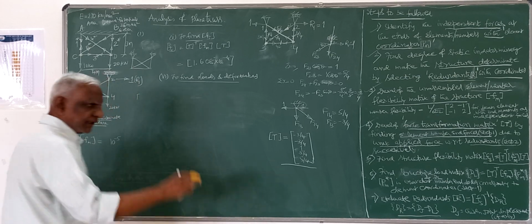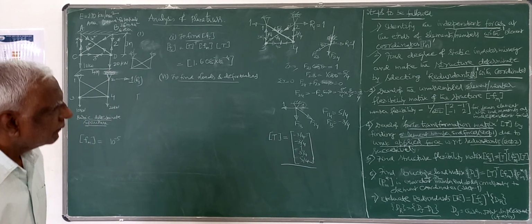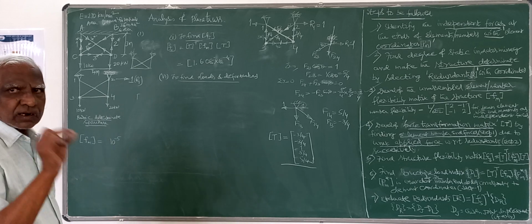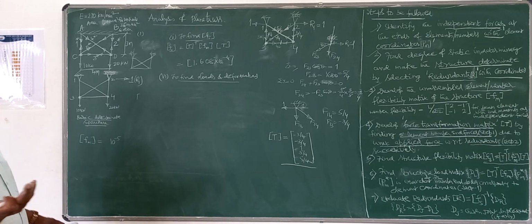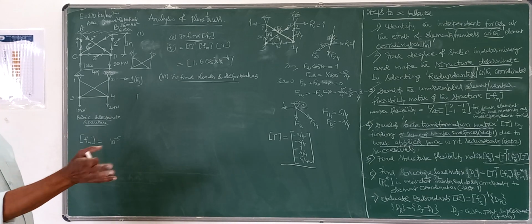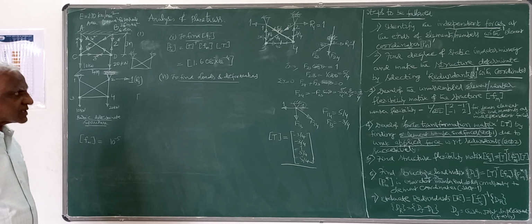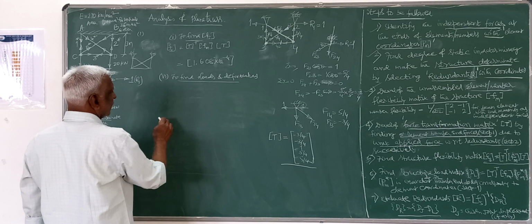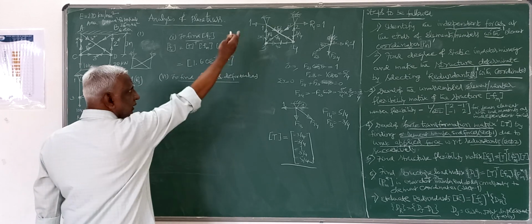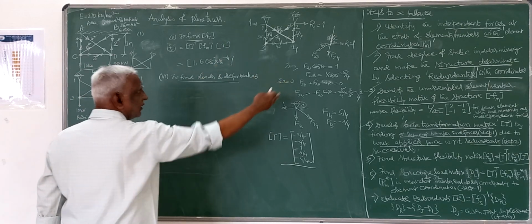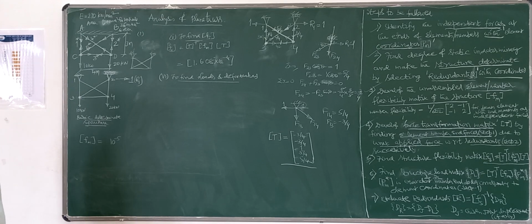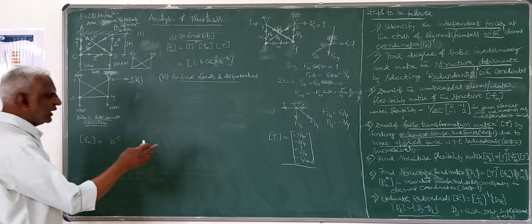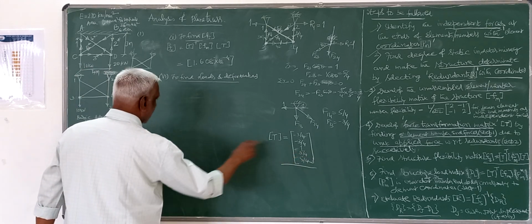That is, we need not fix all the members, because here all the trusses are pin jointed. There is no moment at all, so there is no question of finding any fixed moment. All the joints are pin jointed only. So we have to do only the analysis as we have done for finding the transformation matrix. The same type of analysis we have to apply for evaluating that PM star.